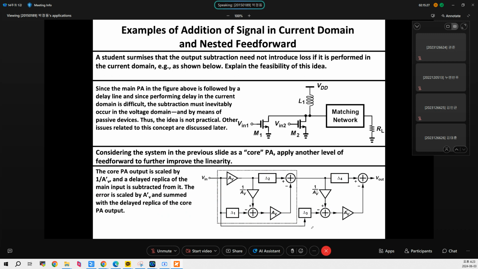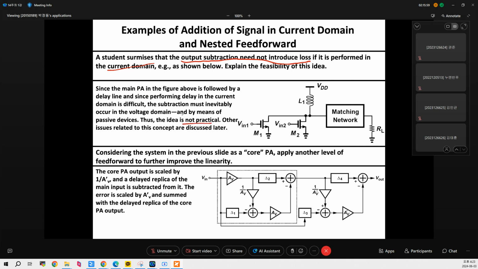This is an example of addition of signals in the current domain in feed forward. A student insists that the output subtraction need not introduce loss if it is performed in the current domain. But the result is no, it's not practical.